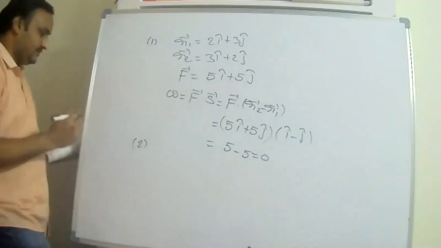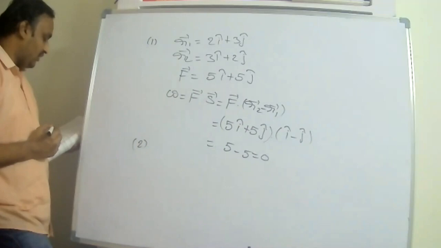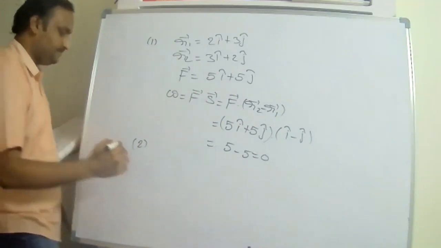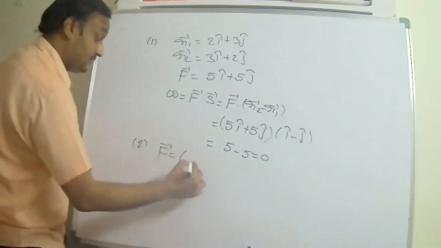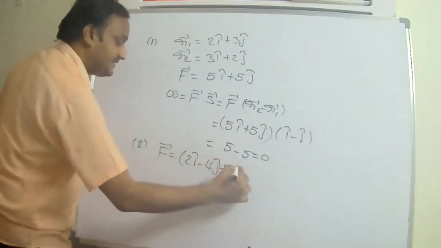Next one is, a body is constrained to move along z-axis of a coordinate system and is subjected to a constant force given by 2i cap minus 4j cap plus 3k cap.